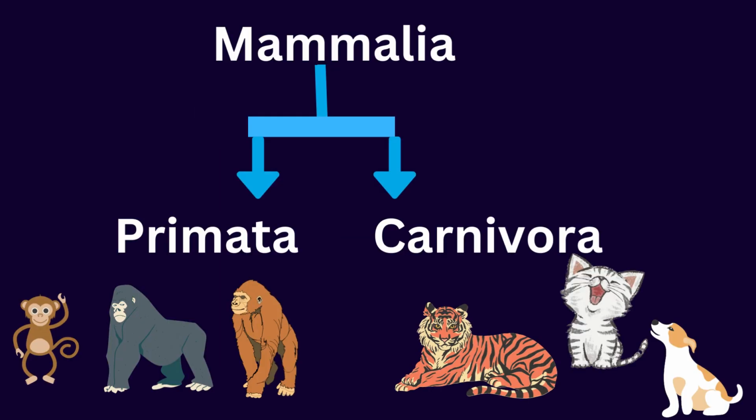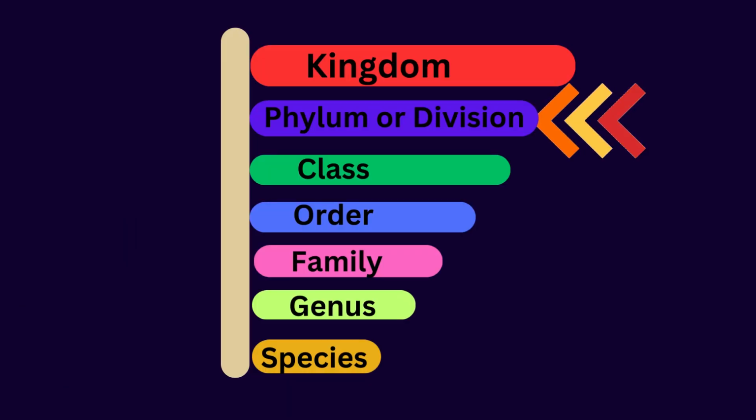Class. This category includes related orders. For example, order Primata comprising monkey, gorilla, and gibbon are placed in class Mammalia, along with order Carnivora that includes animals like tiger, cat, and dog. Class Mammalia has other orders also. Phylum.